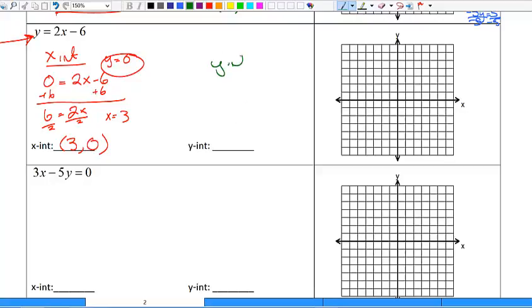To get my y-intercept, I know that x is equal to 0. So I'm going to put 0 in for the x spot. Now this one is an okay one to solve with the cover-up method. If you cover up the x term, notice you can see y is equal to -6 pretty clearly there.